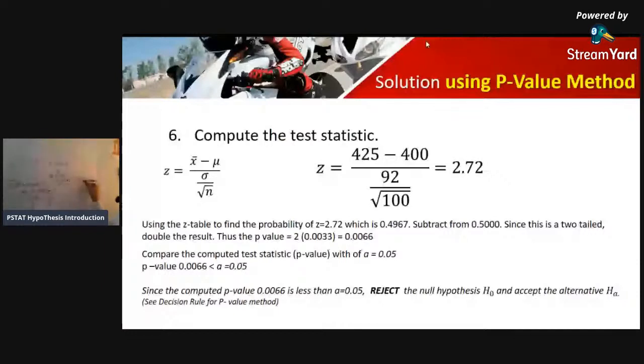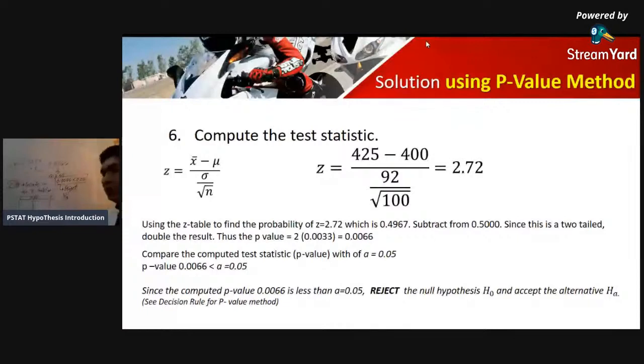So based on the rule, if the computed p-value is less than the critical value, then we reject the null hypothesis. We accept the alternative. The interpretation is actually the same.